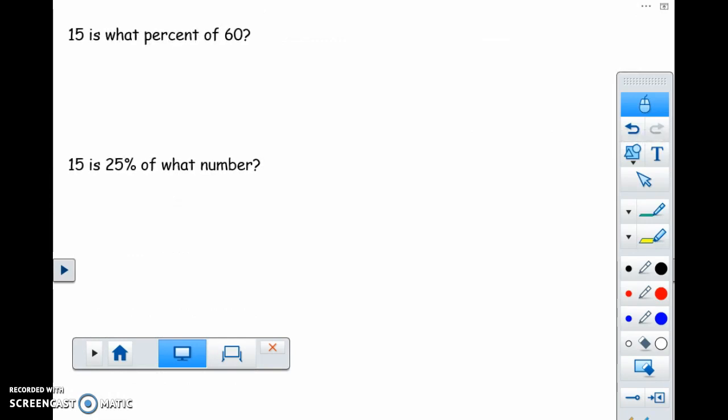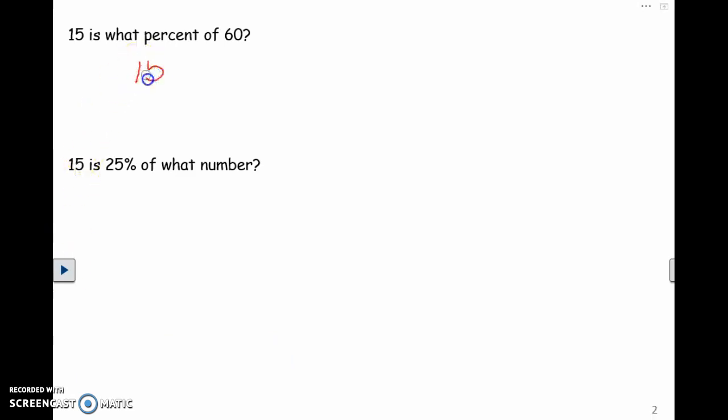Two more left to try. 15 is what percent of 60? So we have 15, we know is, the what is the X, and we're looking for of 60. 15 is what percent of 60?